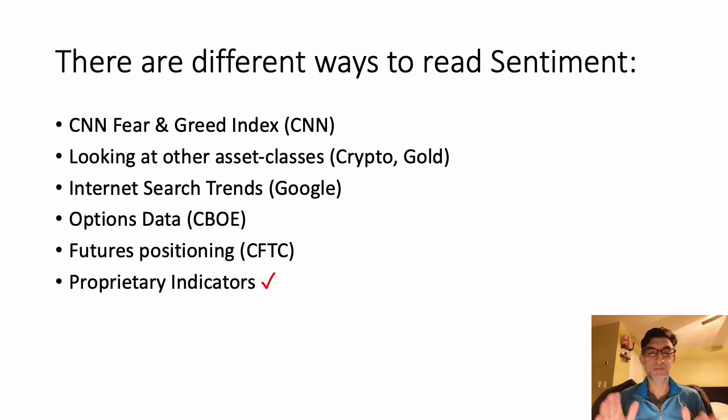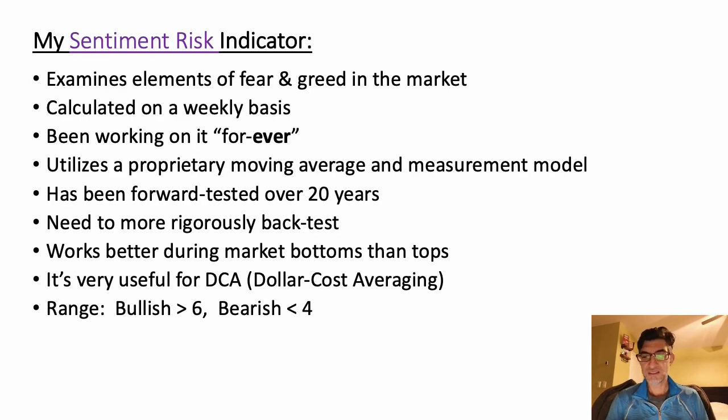But what I want to talk to you about today is what's called proprietary indicators. Basically, these are indicators that people make at home with their own ingredients. And that's where I come in. So I've made my own sentiment indicator, and I'm going to give you the details of that right now.